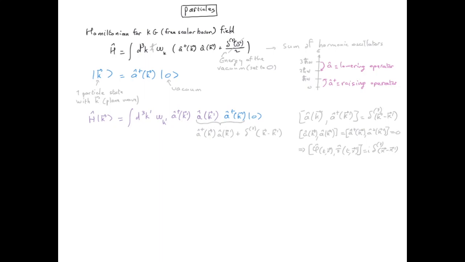In order to really fix them, we need to define how they act on a specific state. So we usually choose the vacuum of the theory, and what we impose is that the lowering operator, the A operator, acting on the vacuum gives 0.